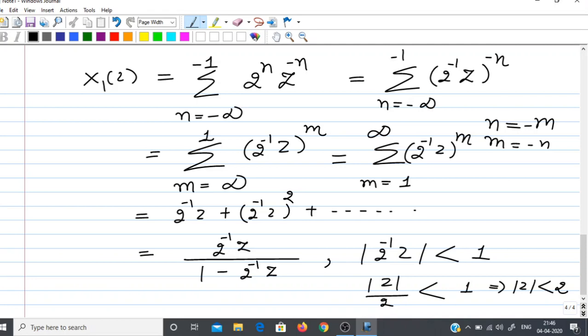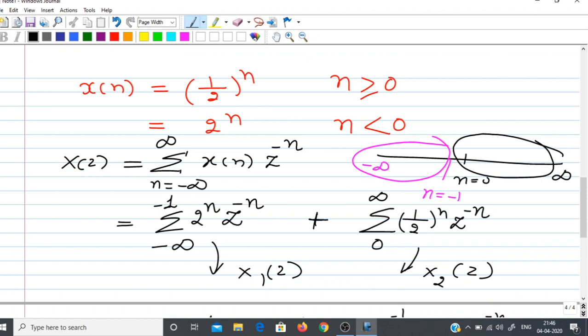Now let us compute the summation x2. It is half to the power n z to the power minus n, so x2(z) is the sum from 0 to infinity of half to the power n z to the power minus n.